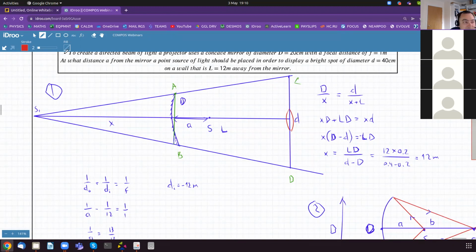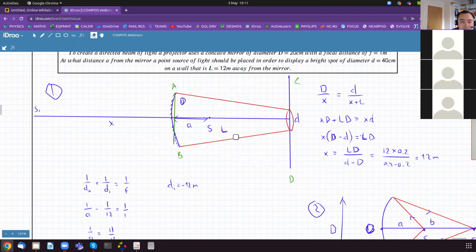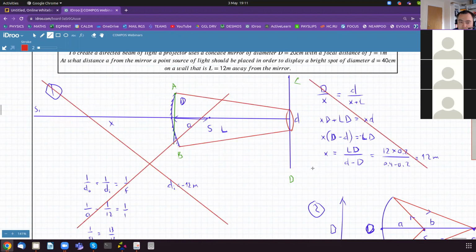So this diagram is completely wrong. Light is traveling like this, so the image cannot be on the left. Sorry about that. So I'll just cross it out.